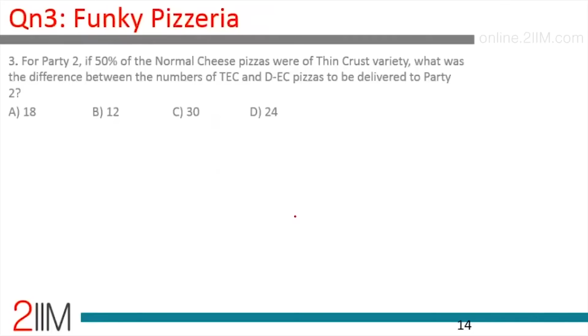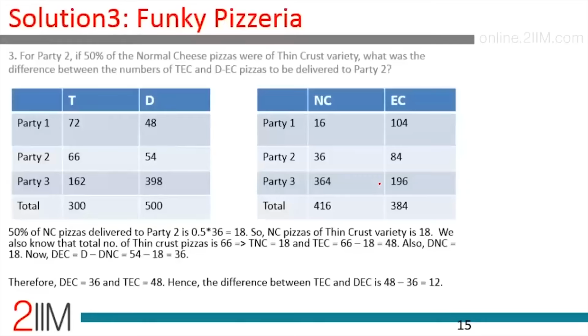For party 2, if 50% of the normal cheese pizzas were of thin crust variety, what is the difference between thin crust extra cheese and deep dish extra cheese? So 50% of normal cheese were of thin crust variety. So let's look at this. This is party 2. 50% of 36 were thin crust.